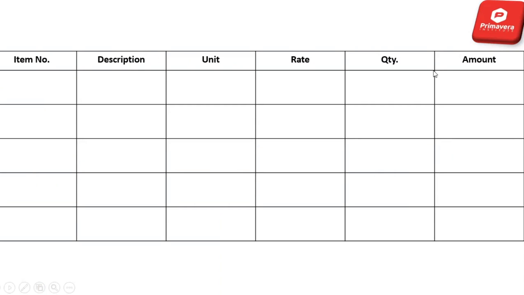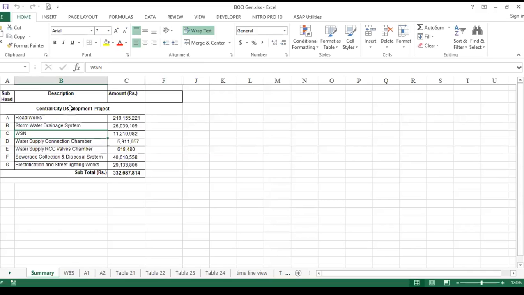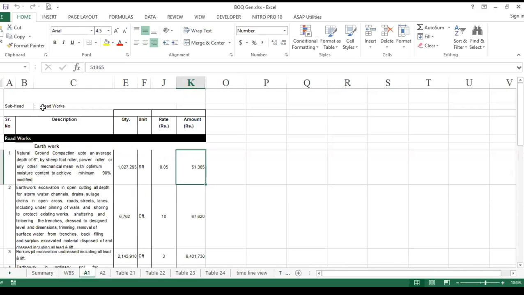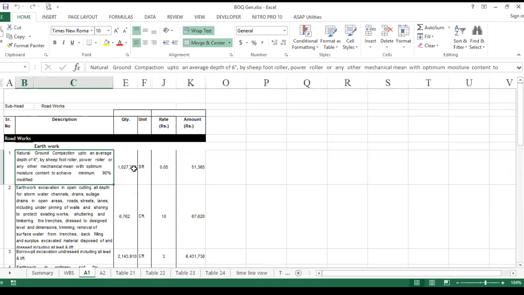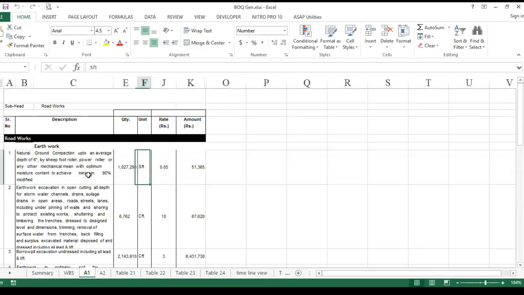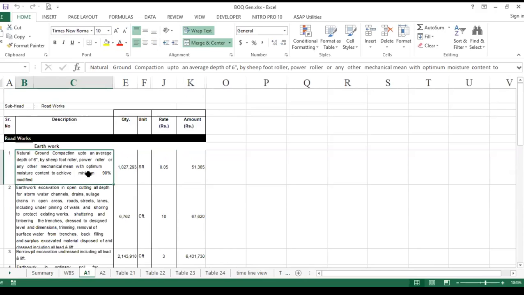And right now I'm going to share with you a real-time BOQ. Here I have the Central City Development Project BOQ, in which you have a major summary of the BOQ, where you have to do road work and stormwater drainage system. Against each component, you can find a certain amount, and further you can find that all the components are further broken down into smaller components, showing what works you need to carry out to complete this head.